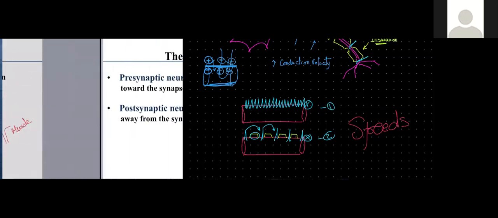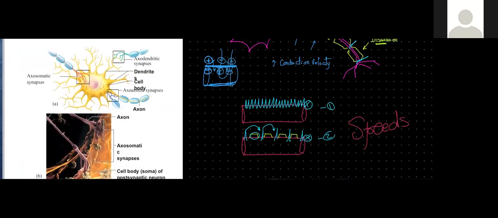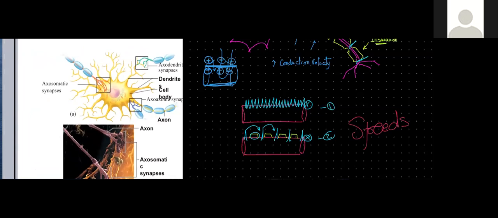So if I'm connecting two nerve cells to one another, the one that will be located before the synapse is my presynaptic neuron. The one that will come afterwards is my postsynaptic neuron.